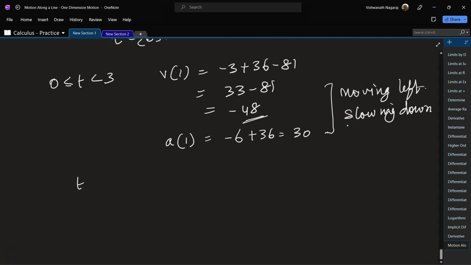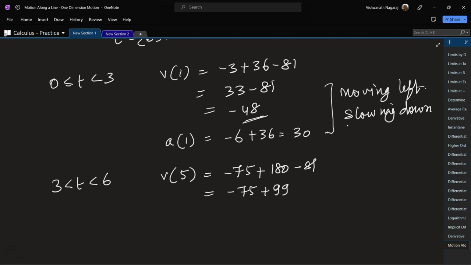Okay, now the second interval that we are interested in: 0 to 3 is over. So now we have to look at 3 to 6. Always choose a value which makes it easier for you to do calculations. So V of 5 is going to be minus 3 t square, that is minus 3 times 5 square, that is minus 75, plus 36 times 5, that is 180, minus 81, which gives us minus 75 plus 99, which gives us 24.